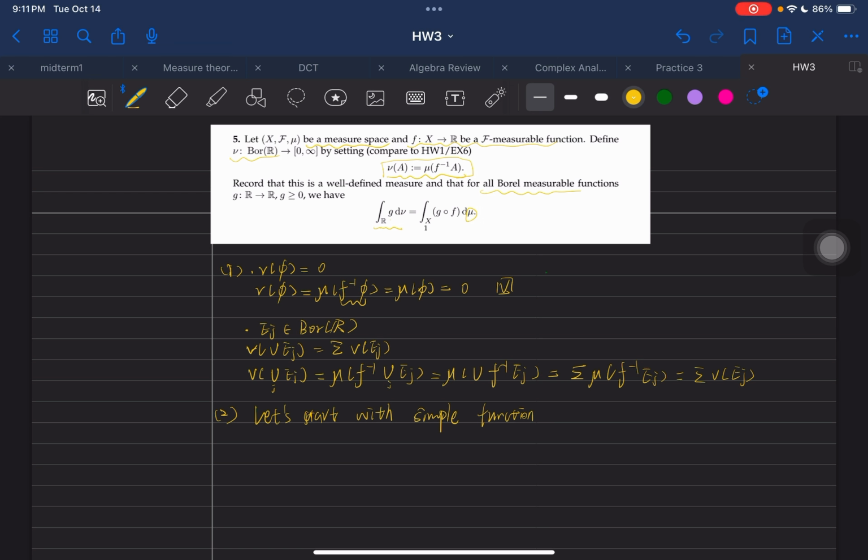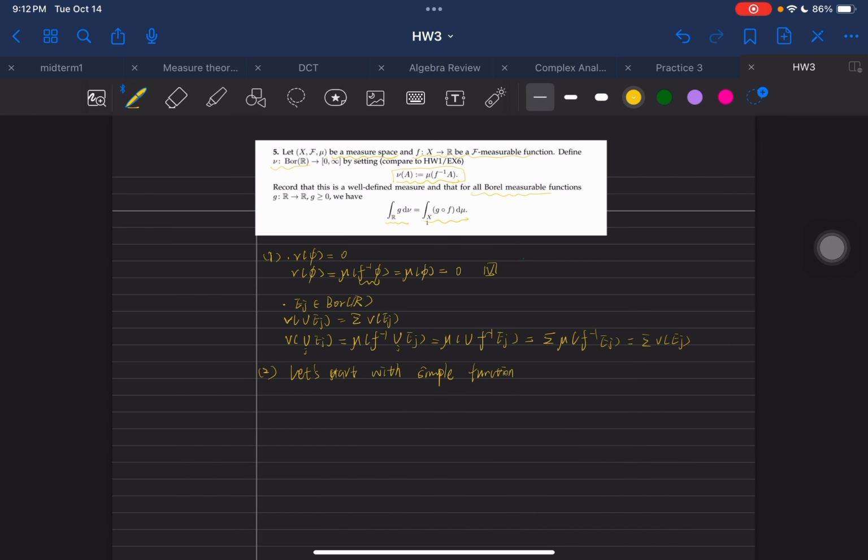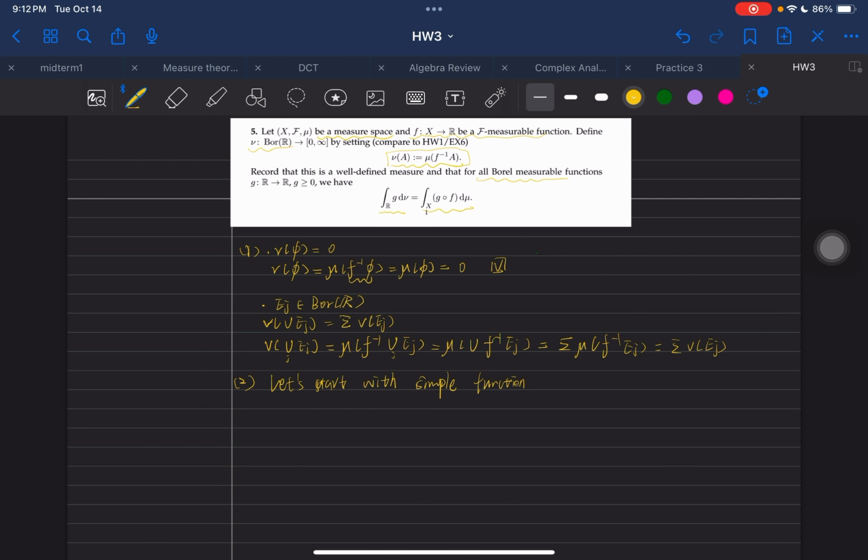Now before we actually do that, we have to show that this integral actually makes sense, which is essentially to show that g composite with f is actually measurable. So we recall the definition for a function to be measurable. We have to satisfy some property.